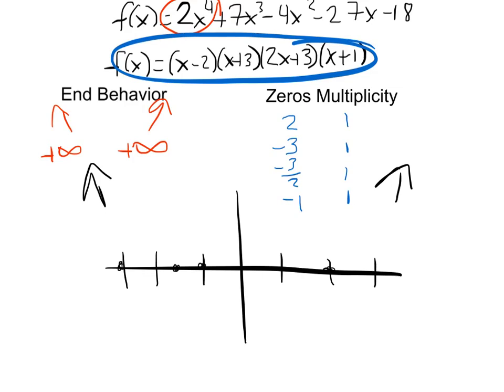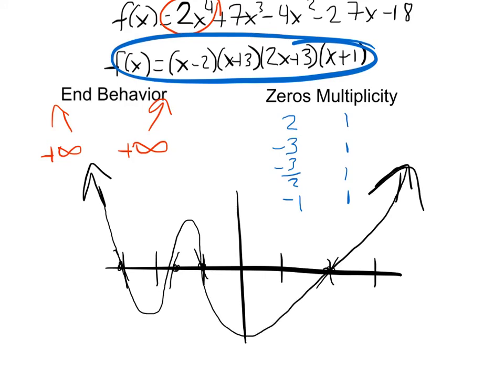I know it crosses straight through each one of them, and I'm basing the direction off the fact that I know this must connect. I don't really know how high these points go or how low in between. I can find out by plugging some numbers into the function, but to get a rough sketch, I have that there.